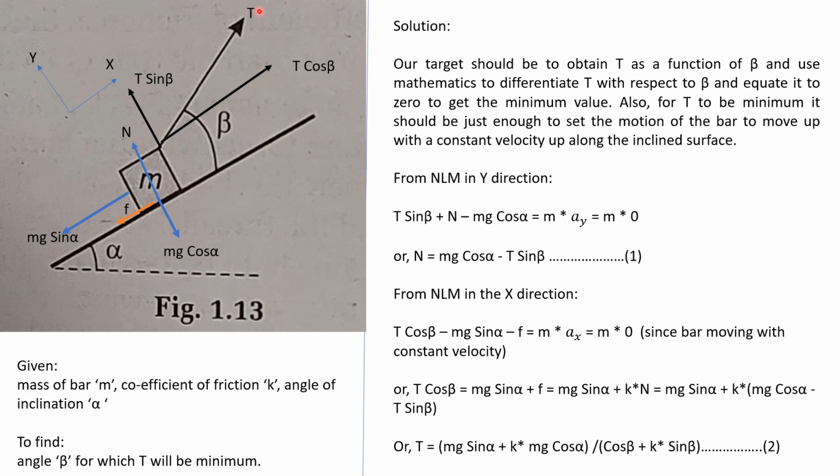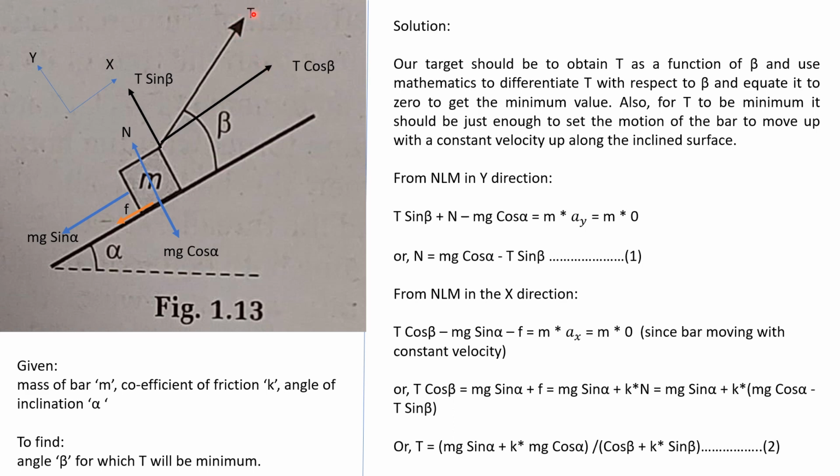So what should be our target basically? When we are applying T and it is talking about the minimum T, one thing is that we should apply that much pull on the thread which creates a tension force T enough to move it with a constant velocity up along the inclined plane. That will be the first thing. As a second thing, beta should be selected in such a way that the applied T is minimum.